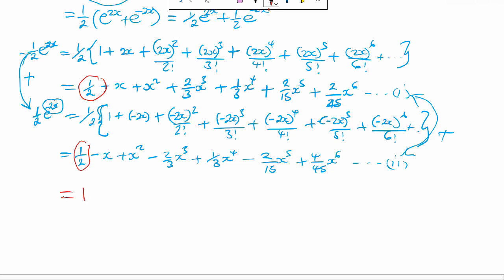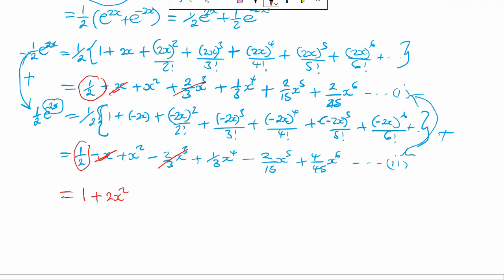Here we have plus x minus x, so this one cancels out. X squared plus x squared becomes plus 2x squared. Plus 2/3 x raised to 3 minus 2/3 x raised to 3, this one cancels out because you shall get a 0.